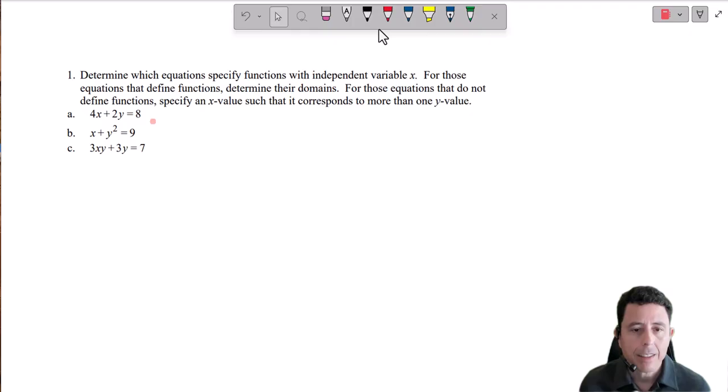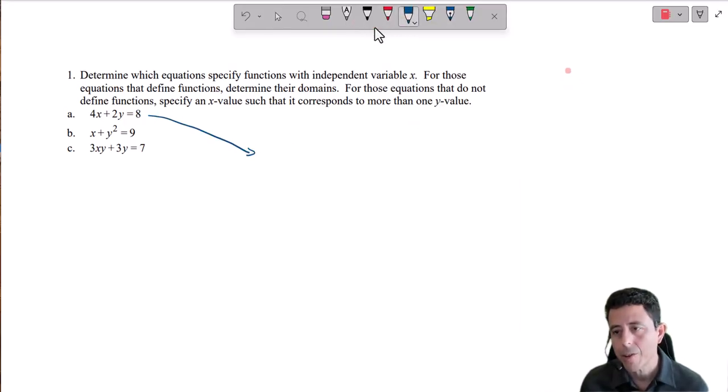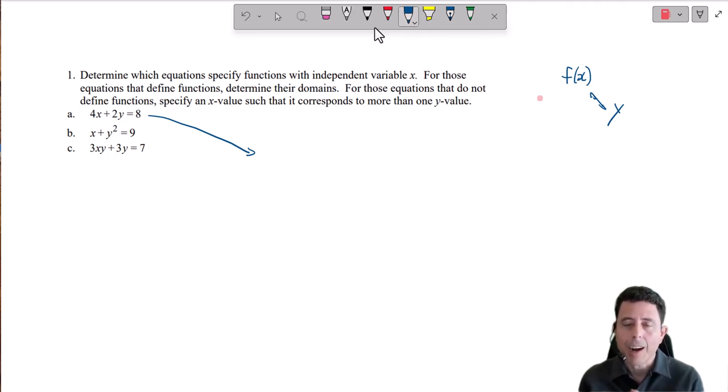All right, let's take a look at these equations and see which ones are functions, which ones are not functions. Now, the best way to do this, you remember that every time you see the f of x, you can treat this as y. Okay, so in order to see if it's a function, we need to isolate the y so we can see what the formula is, and see if it's a function or not.